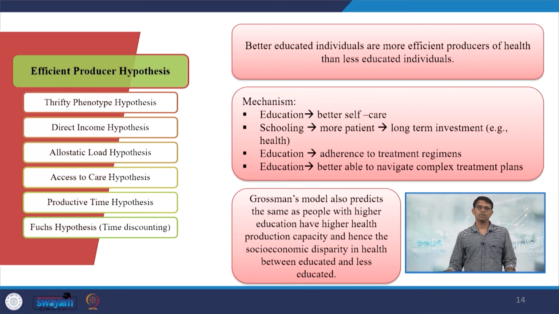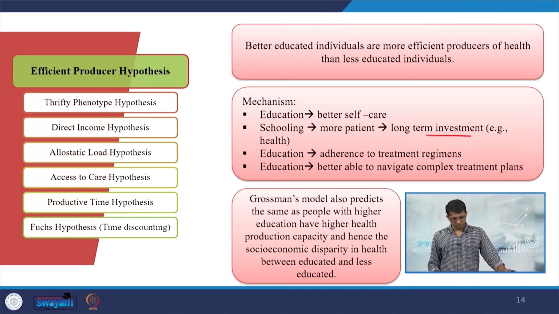Those that have long term investment in healthcare, and that leads to a more patient approach, because schooling gives quality education to the individuals, and that will have long term implications. Hence, it is discussed as long term investment.